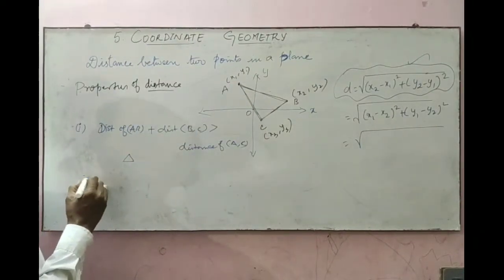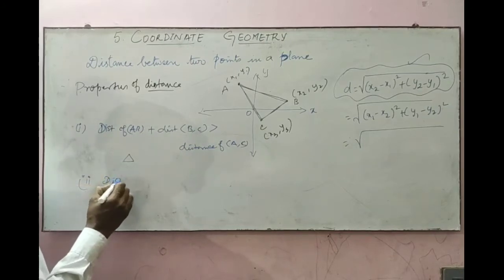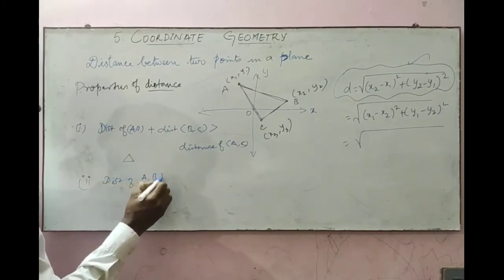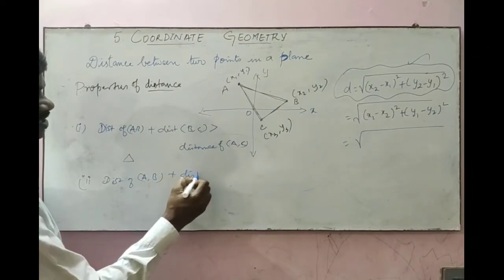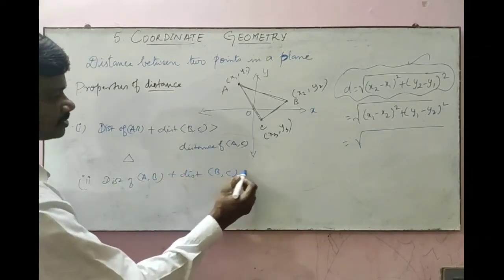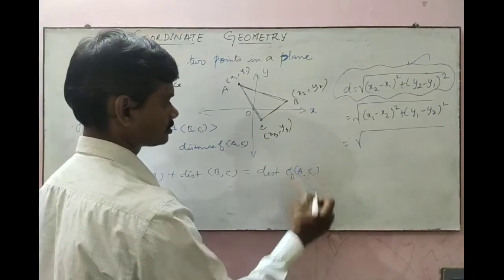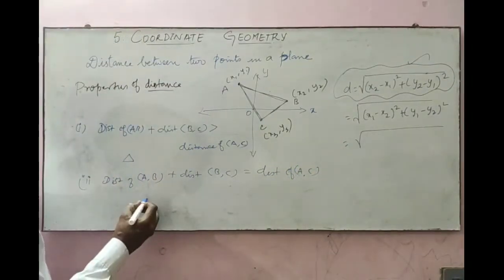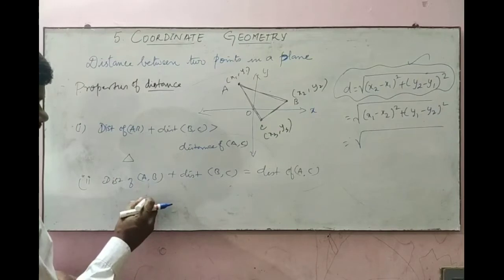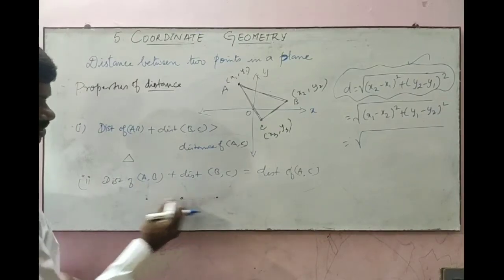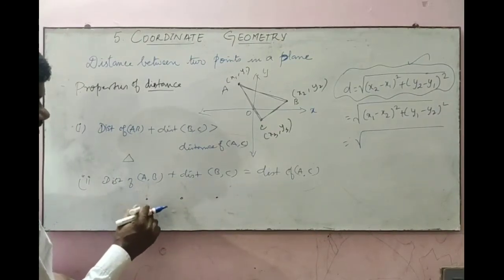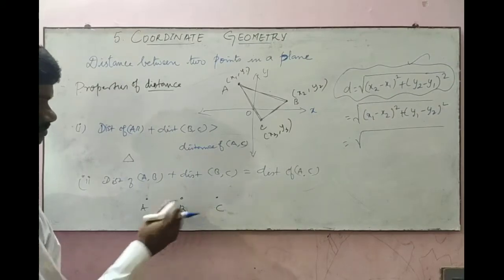Then the second property is, if the distance of A comma B plus distance of B comma C is equal to the distance of AC, then the 3 points A, B and C are lying on the same line.